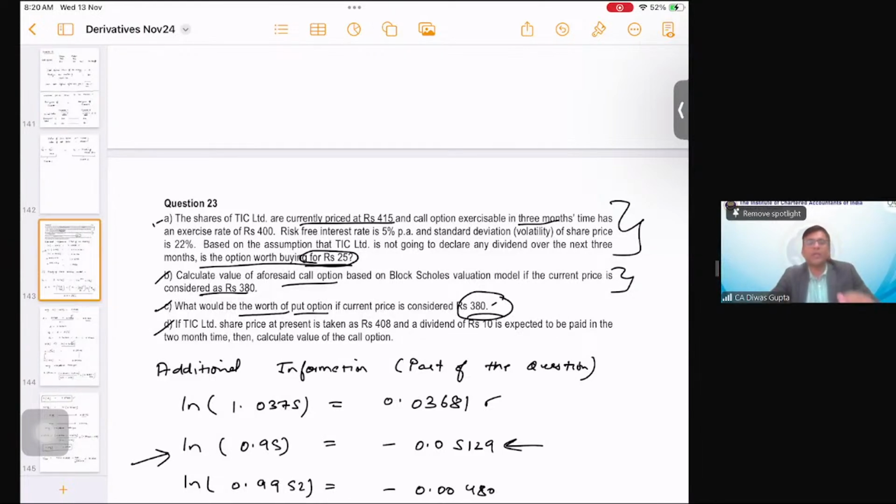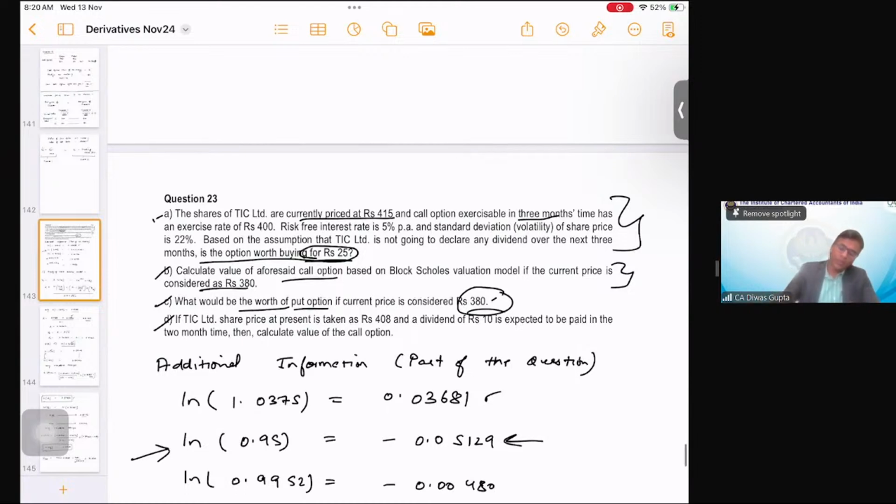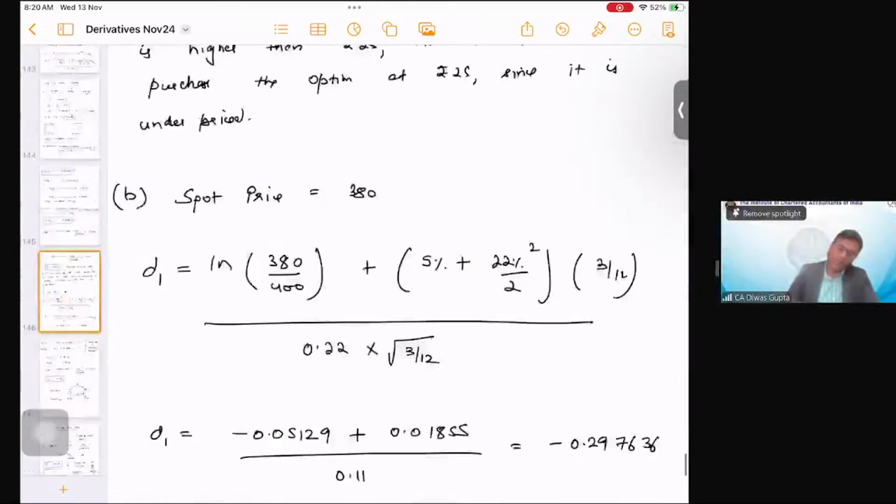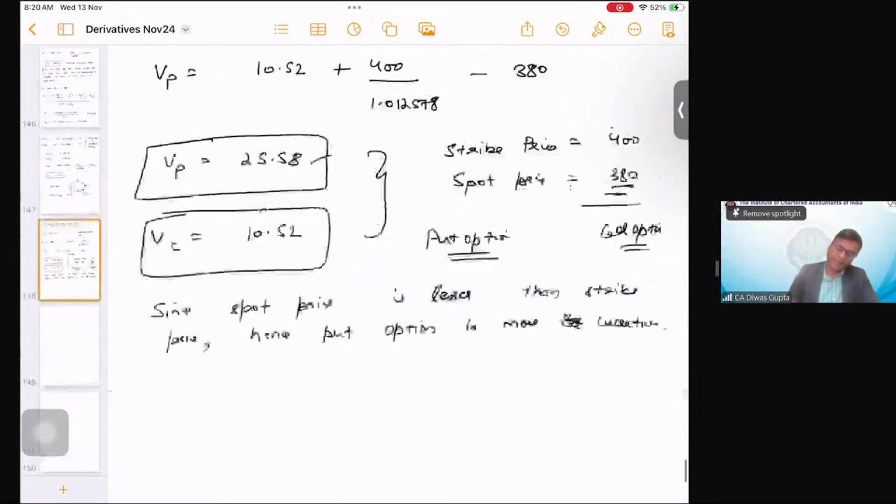Then calculate the value of call option. Now they will be declaring a dividend in 2 months' time. What is the expiry of the option? The expiry of the option is 3 months from now. So that means it will be taken into account for the calculation purposes.